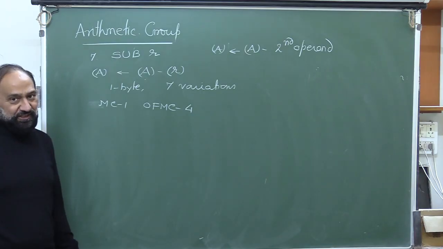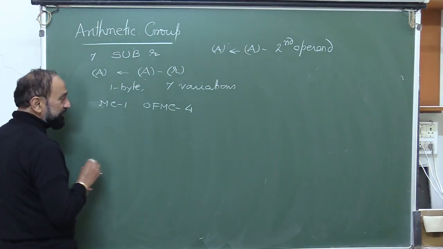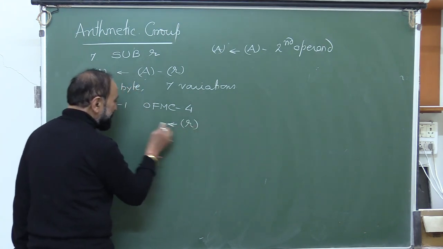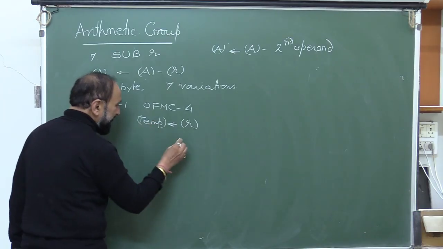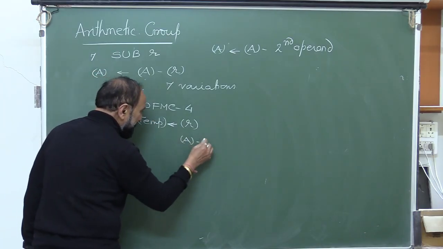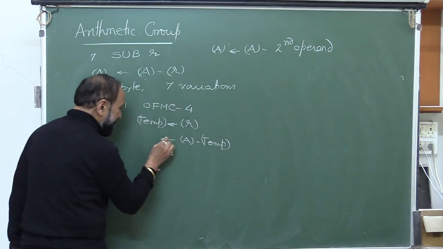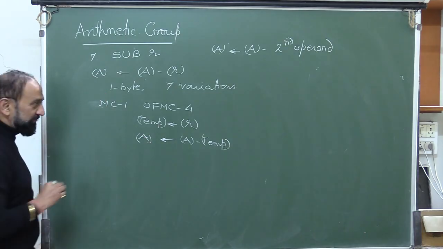No more reading is required, only execution. Execution means first this register R is moved to the temporary register, then accumulator minus temporary, this operation takes place and the result is stored in accumulator.